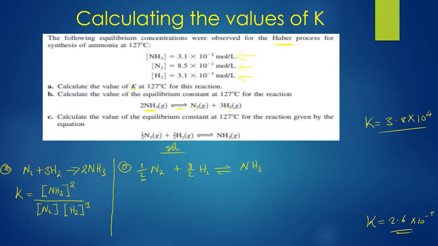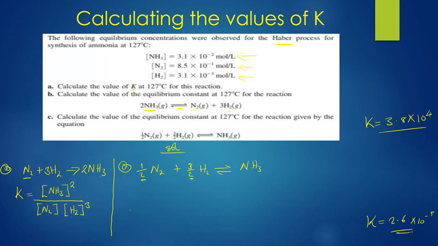It means they multiplied the first equation by half. When you multiply nitrogen on the first reaction by 1 over 2, it's going to be 1 over 2 nitrogen. Then when you multiply half with 3, you're going to have 3 over 2 on the hydrogen part.